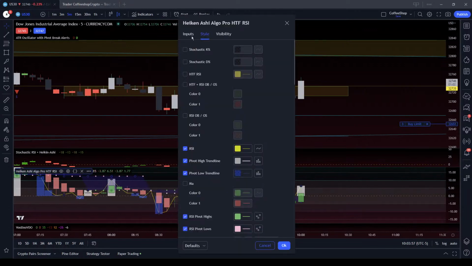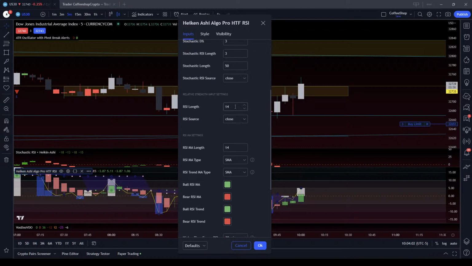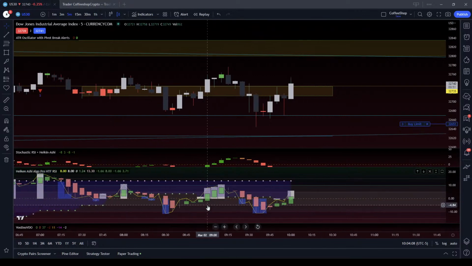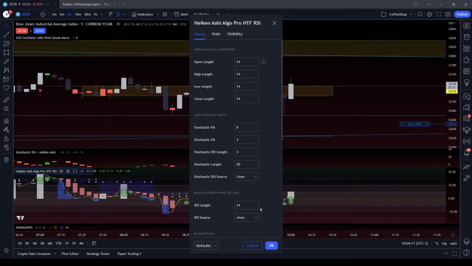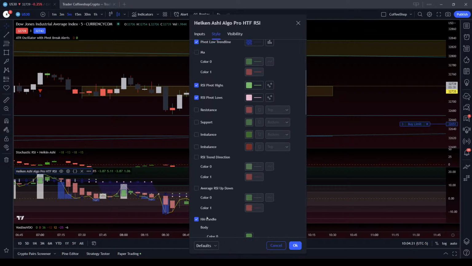Here, I have my candle set at 14 and my RSI set at 14. But if I set my RSI at like 50, you'll see that, where is it? Sorry, I would have to change the open, high, low, close on my candles. And I don't want to get into doing that right now because I'm not using it. I want to see this trade play out. So we'll get into that in another video.